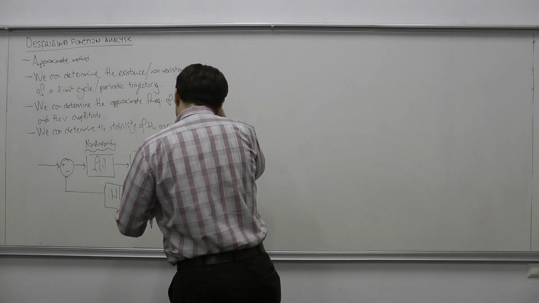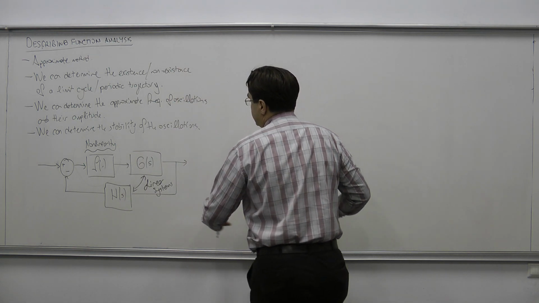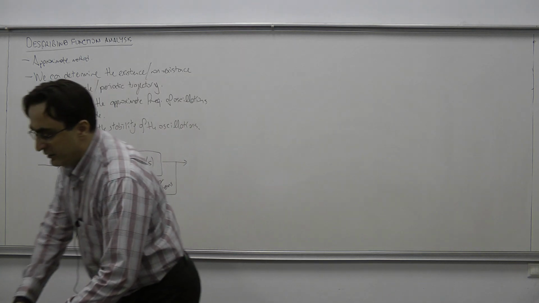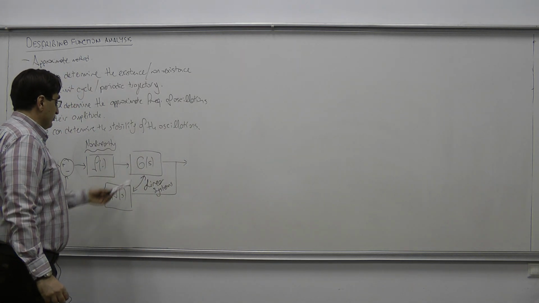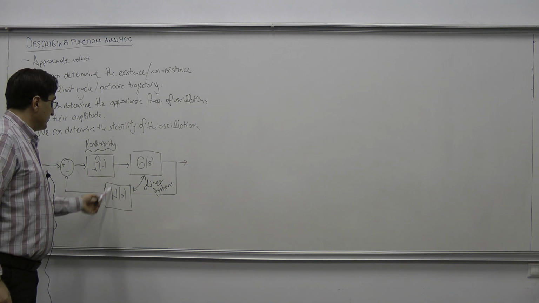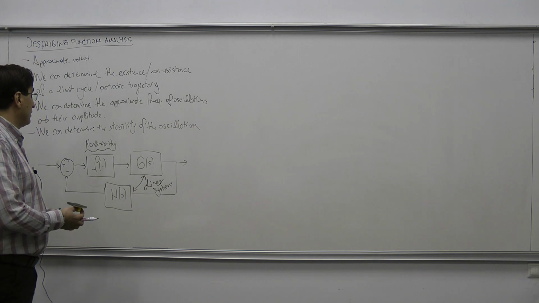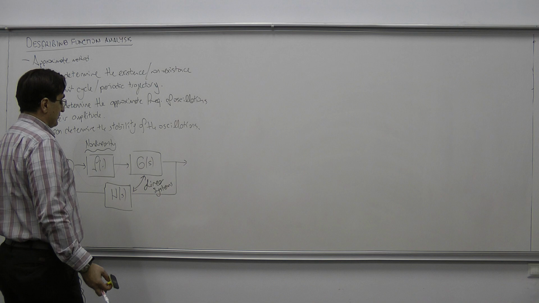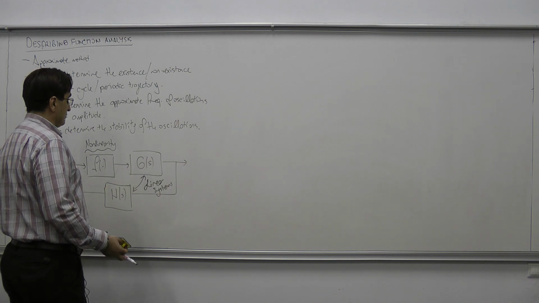Okay? So here, the linear system G of s. I already told you that there can be a feedback loop here, like this, so that in the feedback path, I don't really have to have the unity feedback. So I can have an H of s here, which is a linear system as well.